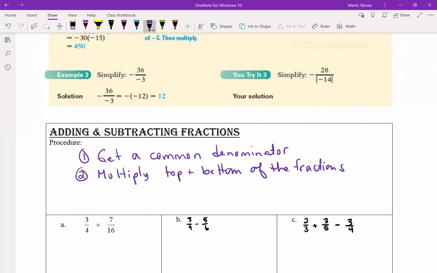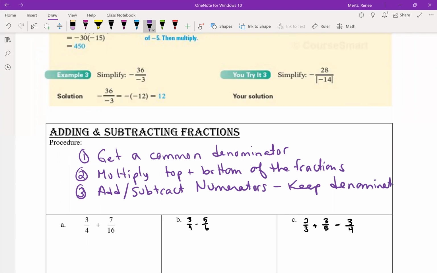I'll model that in a moment. Then we add or subtract the numerators. We keep the denominator. And then simplify if possible.